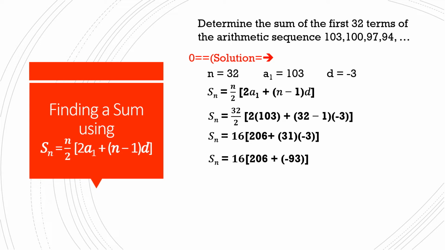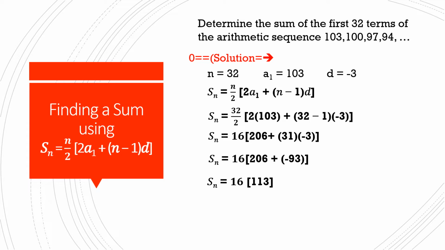So 16 times 206 plus the negative 93. Adding 206 and the negative 93 is actually 206 minus 93. So 206 minus 93 is equal to 113.